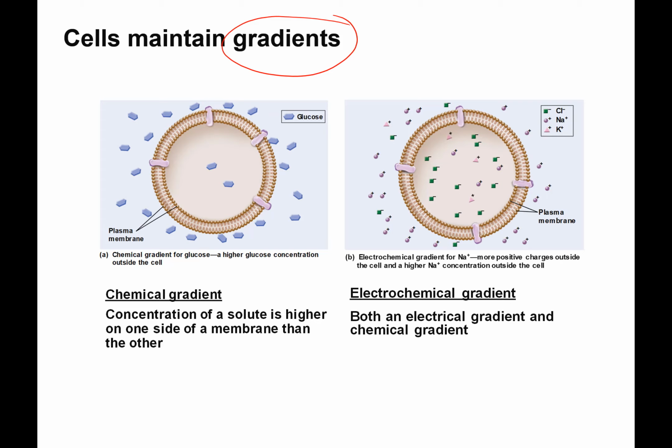For our purposes, a gradient means there's a difference in concentration. Another word for concentration is amount. So there's a difference in concentration on either side of the membrane.